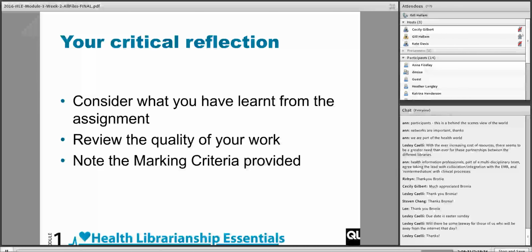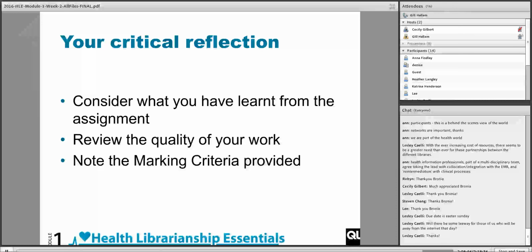So certainly think about your own learning. But then also, what about the quality of your work? Taking into account that organisational context, you're part of an organisational team. What's the quality of the work that you're presenting in terms of the expectations in that communication situation in that organisation? So look at the quality of the work that you're producing as well.